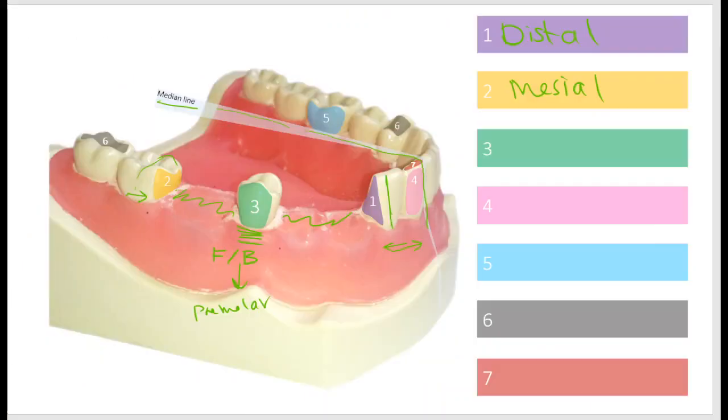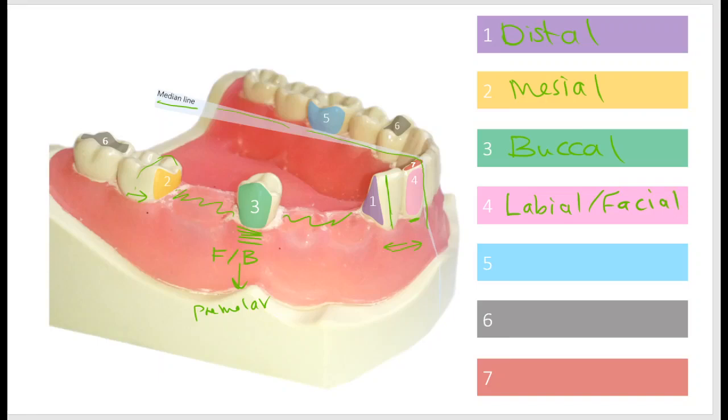So number 3 is buccal. Number 4 is the same surface, it's on the outer side of the tooth. But because this is an anterior tooth, it is labial or facial.